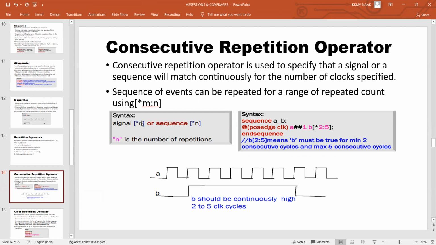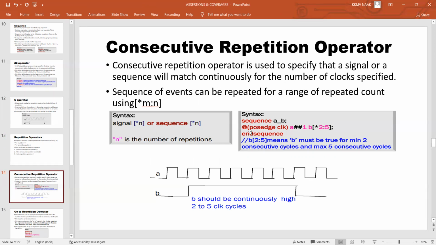Or inside a property, you can instantiate a sequence, that is, call a sequence, by writing your sequence name. If you want to repeat that sequence n number of times continuously, you can use it like this. For a signal also you can use it, and for a sequence also.